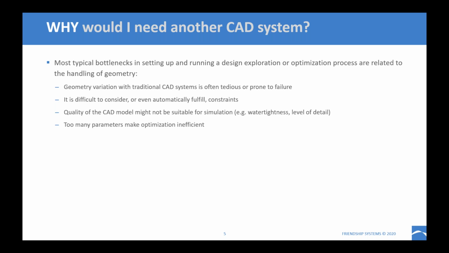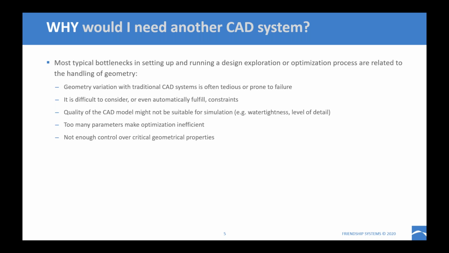Another point is the efficiency. We want a very flexible variation of the geometry, but we don't want too many parameters, because typically the effort for optimization scales maybe even in a quadratic fashion with the number of parameters. We would like to be flexible, but with as few parameters as possible, so that we can run an efficient optimization process.